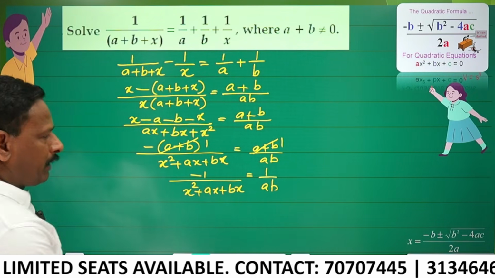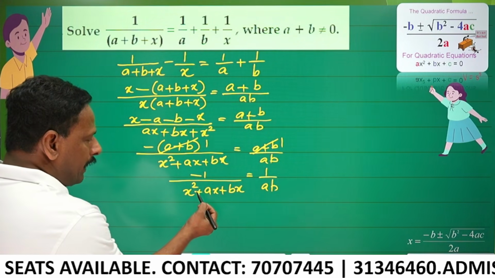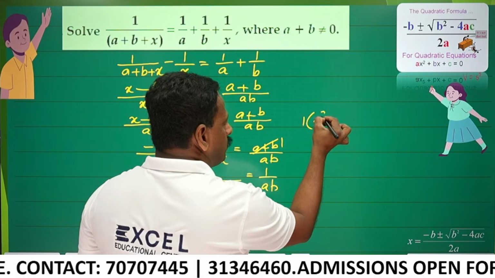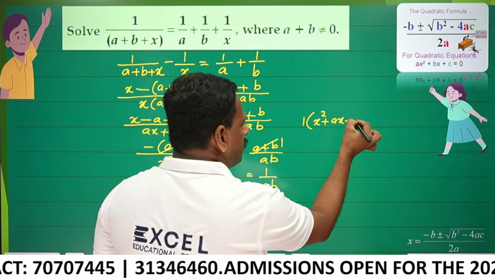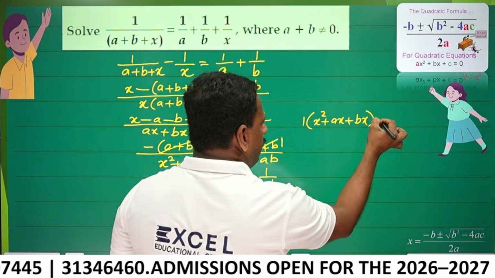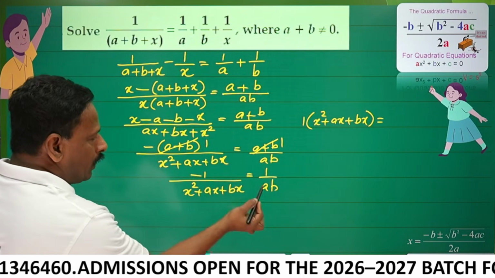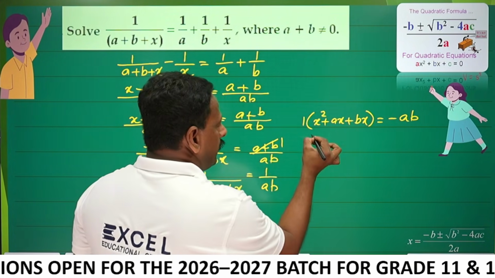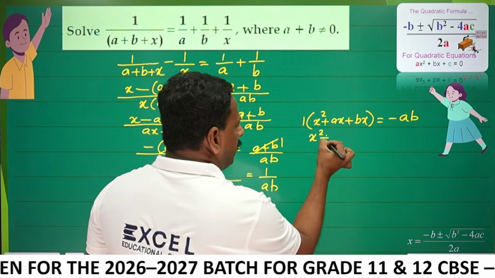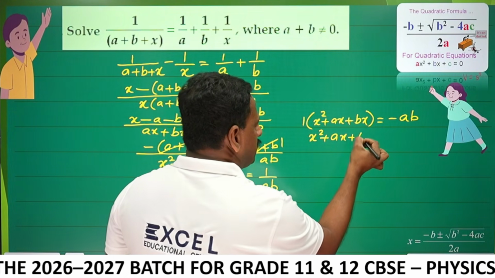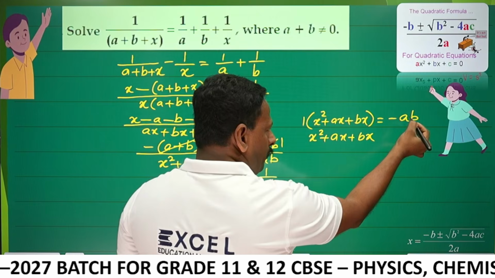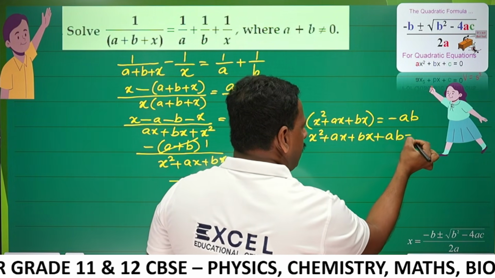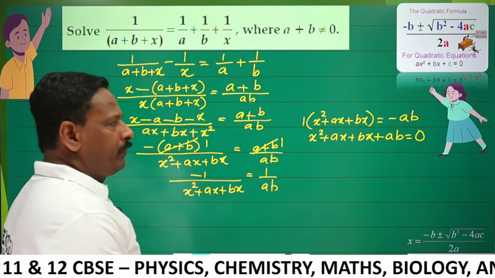So when we cross multiply, what you get is 1 into x square plus ax plus bx equals negative 1 into ab, that is negative ab. If you bring this negative ab over, it will become plus ab, so x square plus ax plus bx plus ab equal to 0.